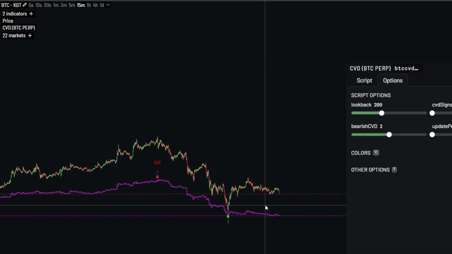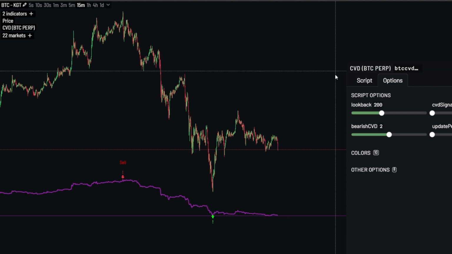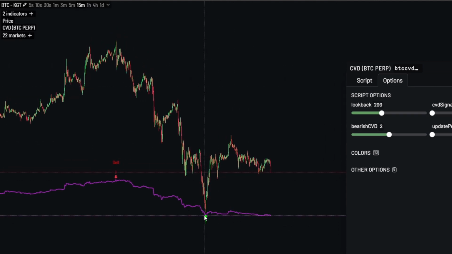Now, the good thing is now we will start to see some divergence. So that will work exactly with our Elliott wave analysis. As you can see, this last one, if we get now a new bullish signal after, of course, having some low prices here, this CVD will get lower, but the price will be creating a divergence.